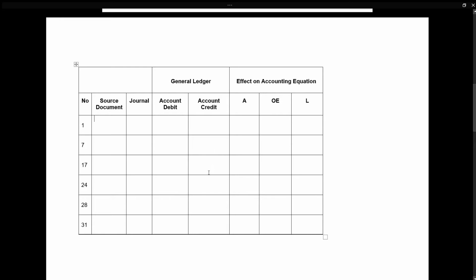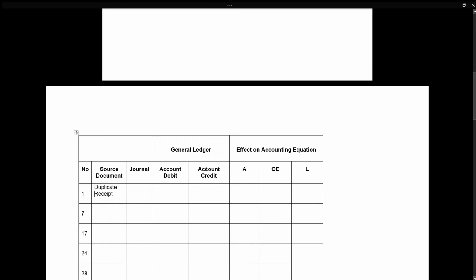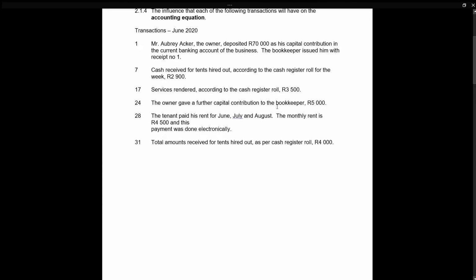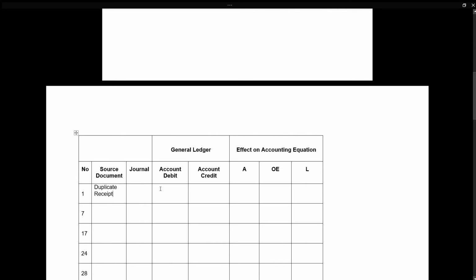Right, so source document will be a duplicate receipt. They did give me a number, I just can't remember. Duplicate receipt number 1.